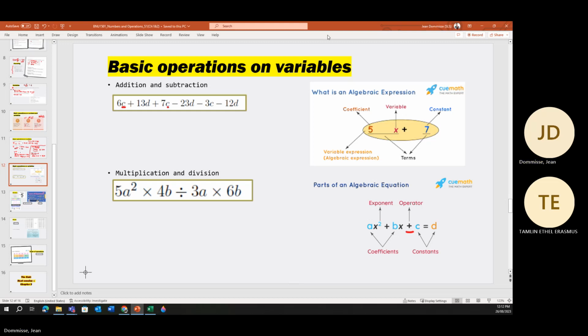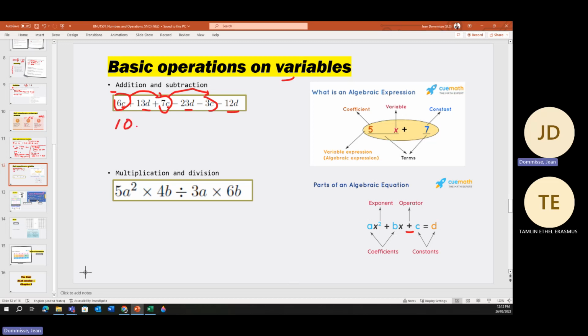But when we do the basic operations and just look at the question, what is important now with the variables is that we need to group the variables that are similar together. You will see that we will do the C's and D's separately. So we'll first do the C's. 6 plus 7C is 13C, minus 3C is 10C.